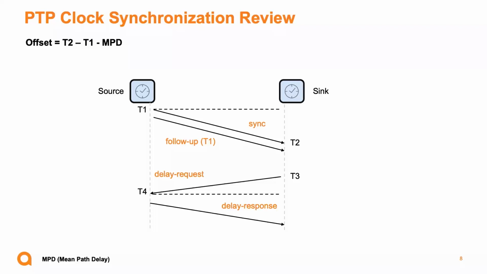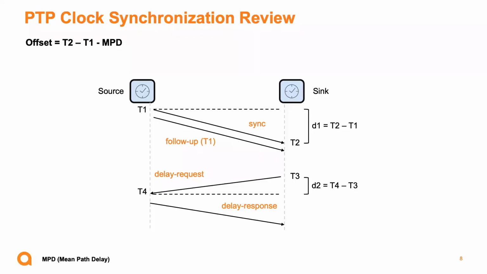It will be received at time T4, and the delay response will bring the T4 timestamp. So the sync will know when these two events happened, and then those numbers will be used to calculate the second delay.